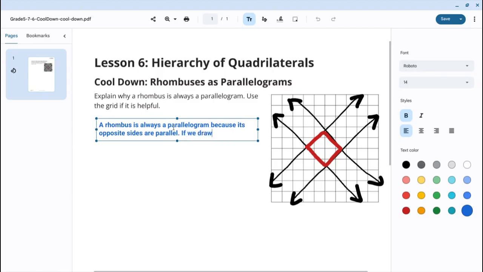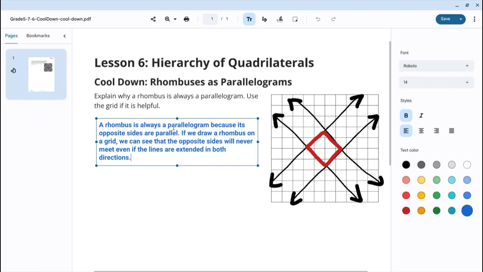If we draw a rhombus on a grid, I'll say we, keep that pronoun the same, we can see that the opposite sides will never meet even if the lines are extended in both directions.